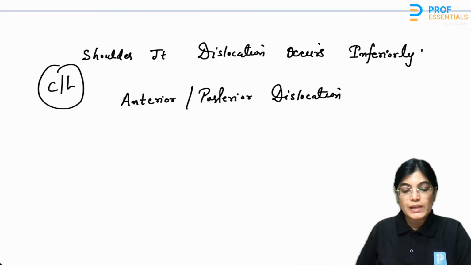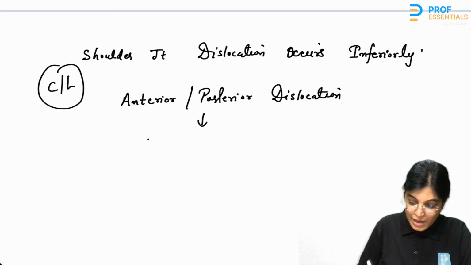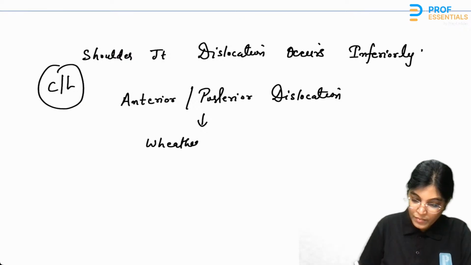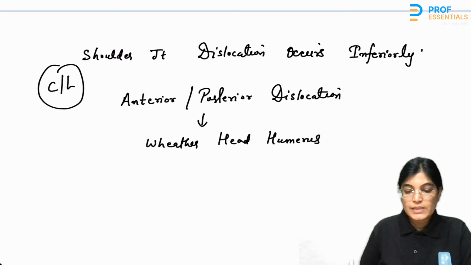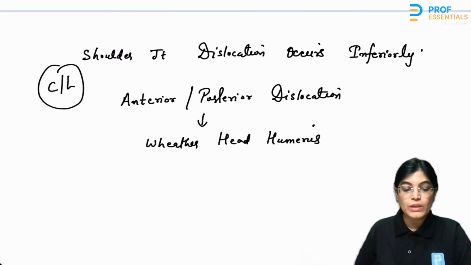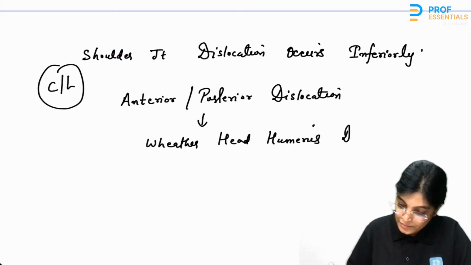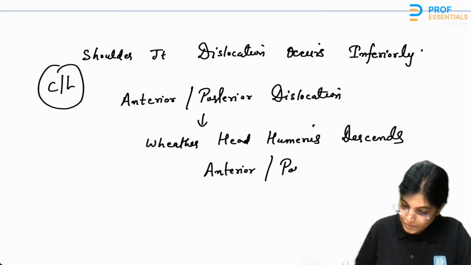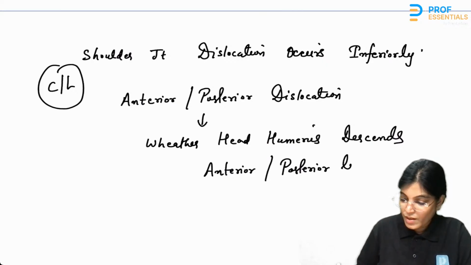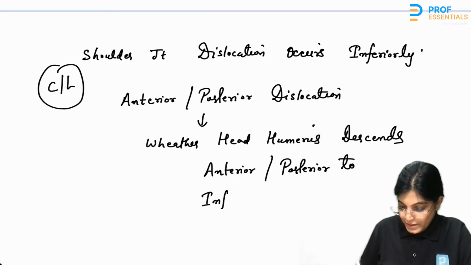So this will be judged by indicating whether the head of humerus descends anterior or posterior to the infraglenoid tubercle of the scapula. This is a very important point, infraglenoid tubercle of scapula.